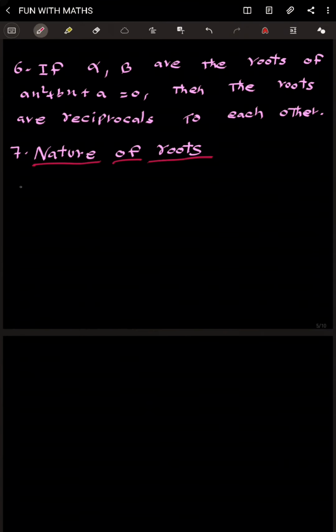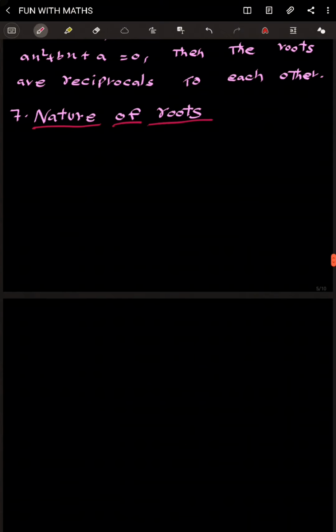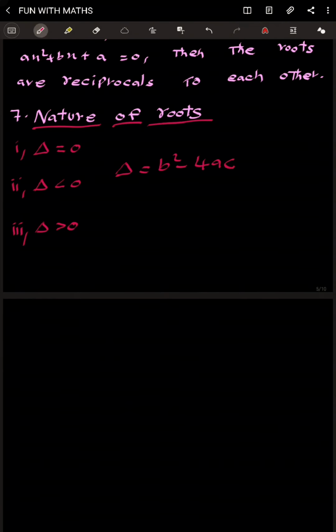So in nature of roots, we have 3 types: one is delta equal to 0, delta less than 0 and delta greater than 0, where delta equal to b square minus 4ac. So we will define it.